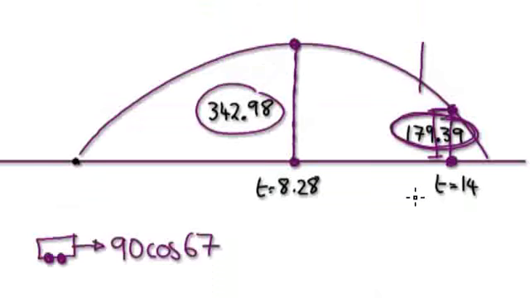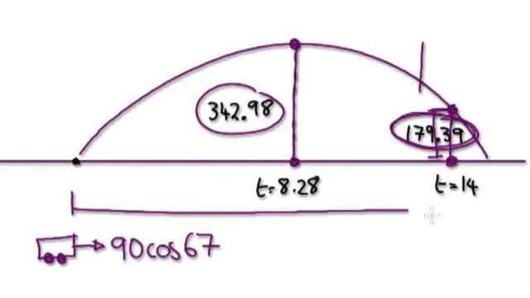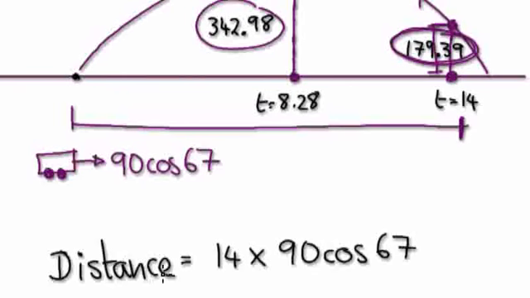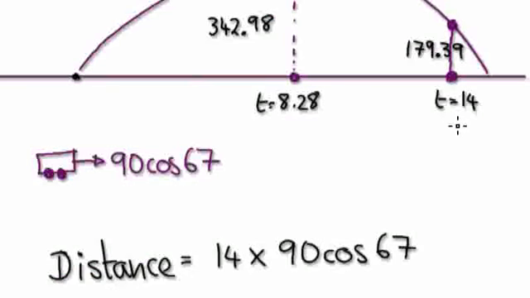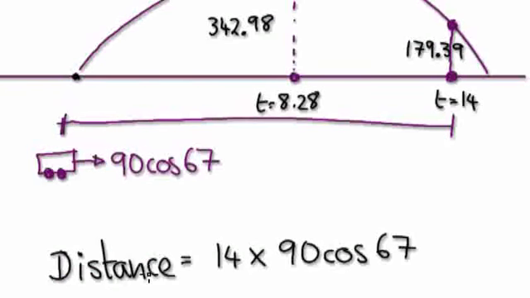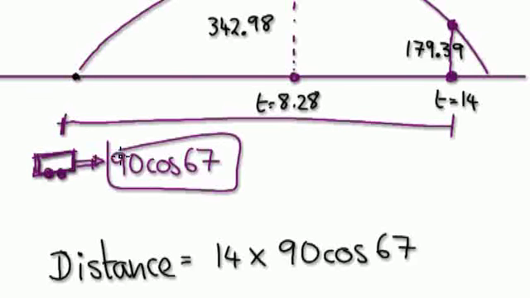Okay. Now we need to find out the distance here. Don't call it range, because range would represent the whole range of the cannonball right to the end. But because we're right in the middle, let's just call it distance. So now imagine you and either your dad or your mom traveling at this speed here, meters per second, traveling horizontally.